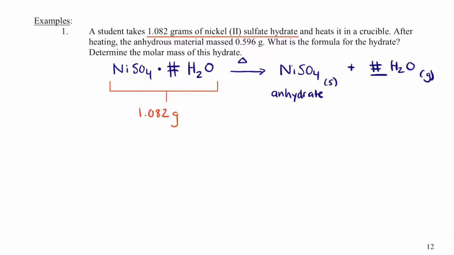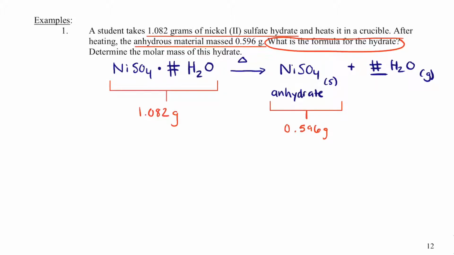Then I heat it, and after heating it, the anhydrous material, or the anhydrate, is 0.596 grams. I'll write that here, 0.596 grams. And I need to determine the formula of the hydrate. I'm going to circle that because I like to circle what exactly we're going to find.